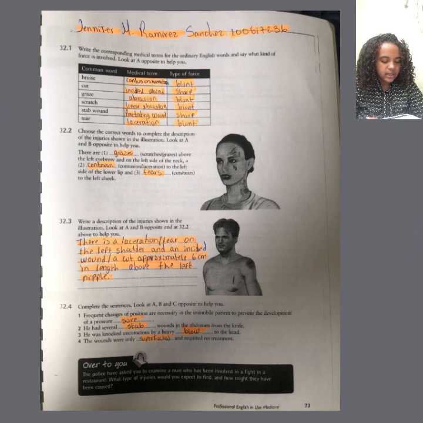Number 3, he was unconscious after a heavy blow to the head. Number 4, the wounds were only superficial and required no treatment.